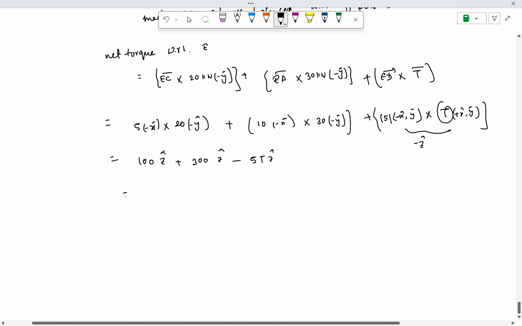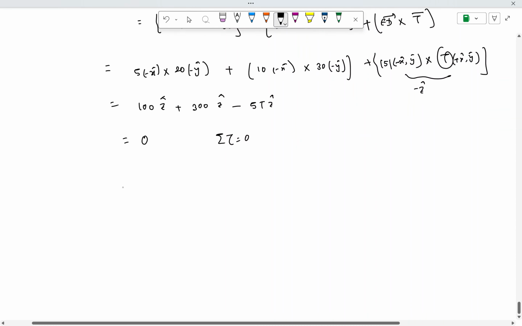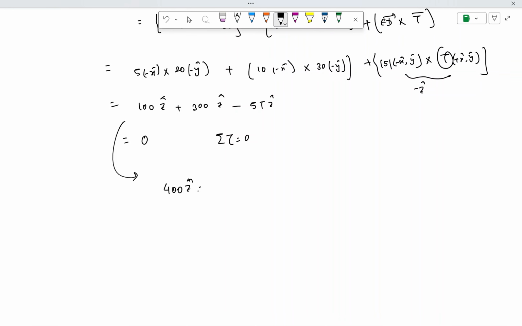The whole thing is equal to 0 because the net torque is equal to 0 for mechanical equilibrium. So what you are getting is that 400 z cap is equal to 5T z cap. So T equals 400 by 5, which is 80, right? So this is 80 kilonewton, which is your tension in the cable.